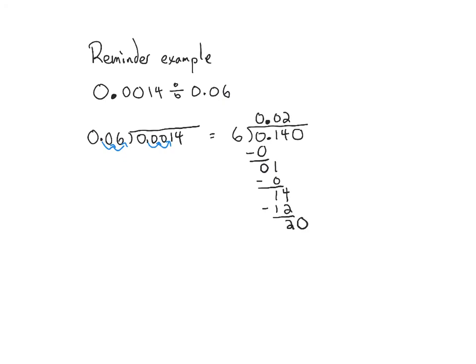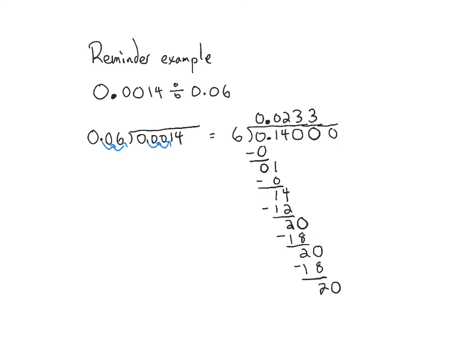We can make 3 groups of 6 thousandths using 18 thousandths, leaving us with 2 thousandths. Break it up into 10 thousandths, and look at this, it's kind of the same thing. We get another 20, we know exactly what's going to happen, we group it, we make 3 groups, we subtract 18, we keep going, we have 2 left over, we go to the next place, we bring it down.